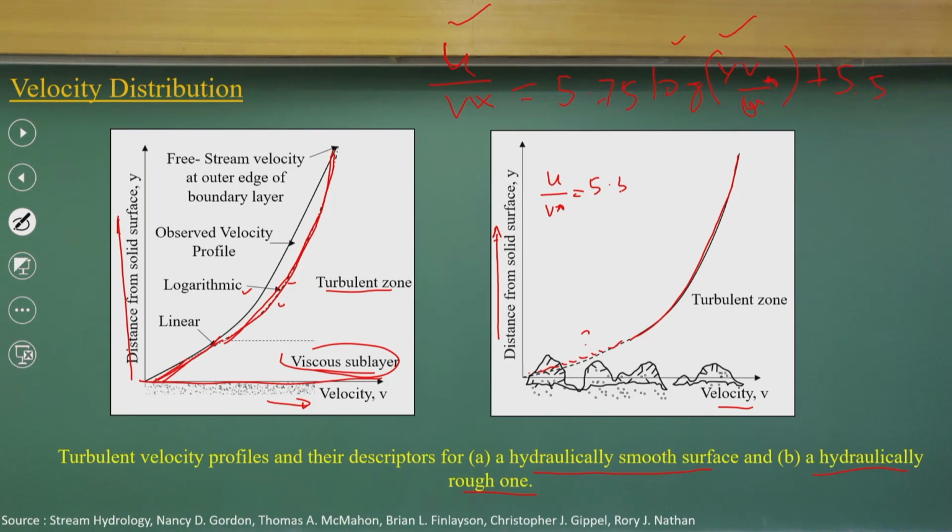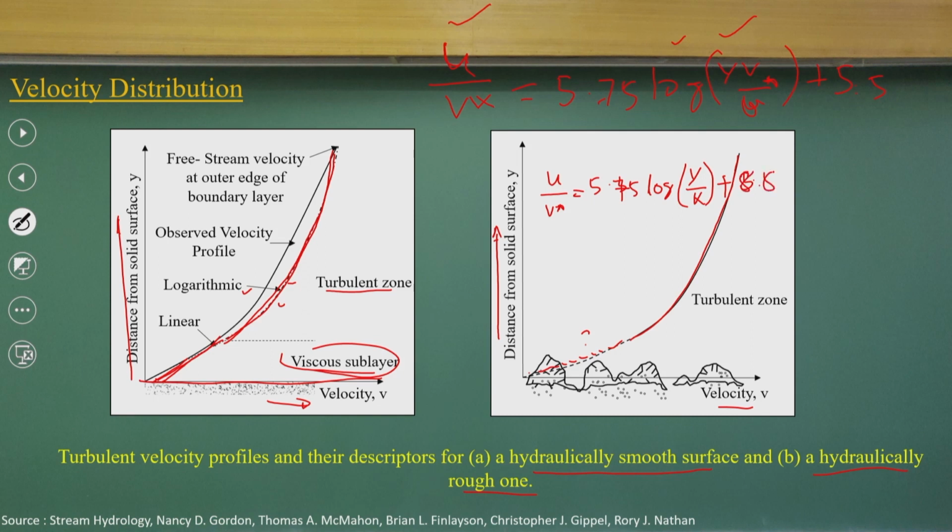5.75 log, here in terms of y by k, the depth by the roughness height, plus 8.5.